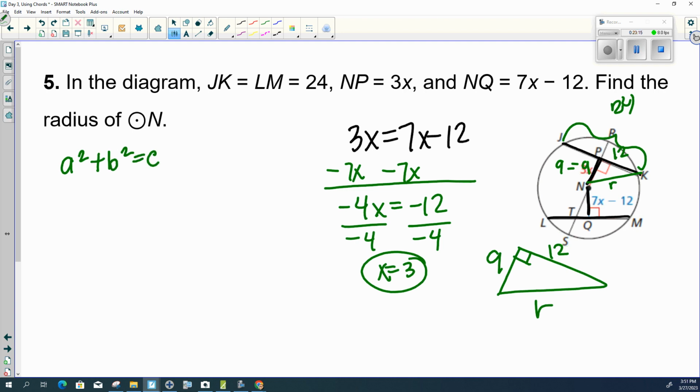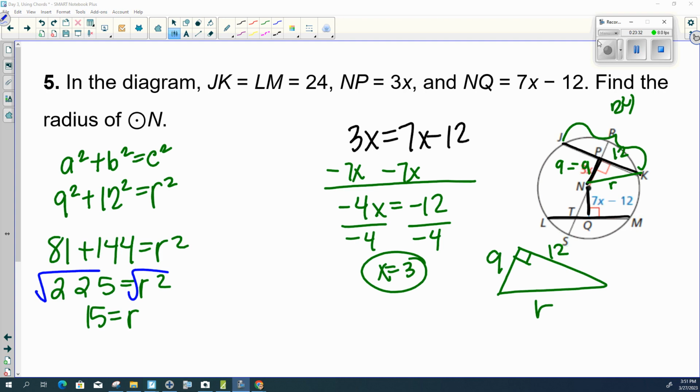I hope all these different things are coming together. Okay, finish that on your own. Share your answer with your neighbor. All right, I got that the radius was 15 units long when I squared the legs and then square rooted everything.